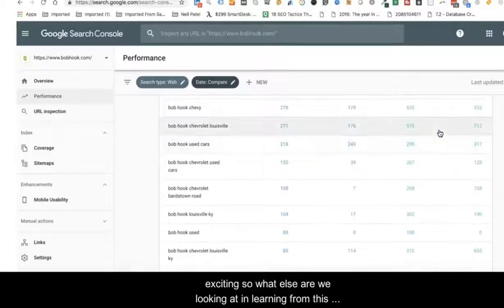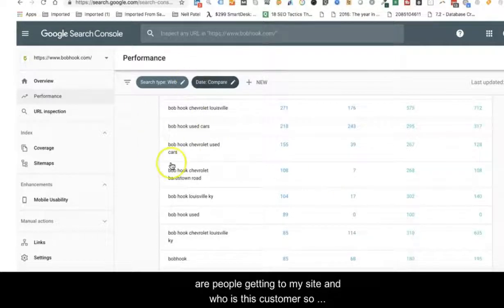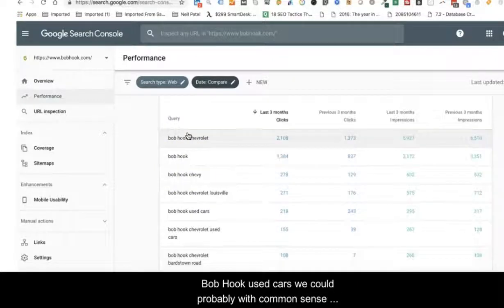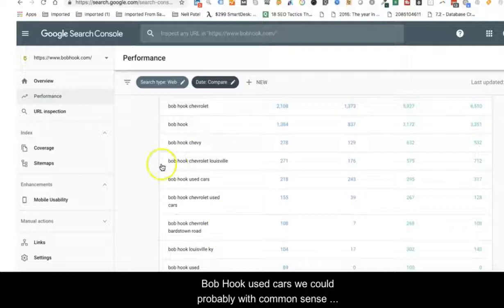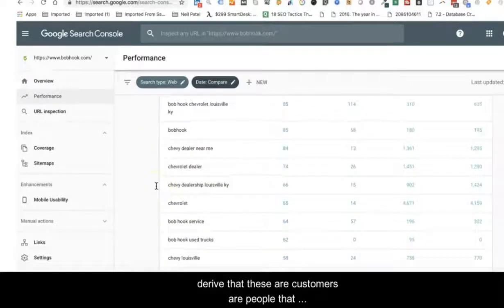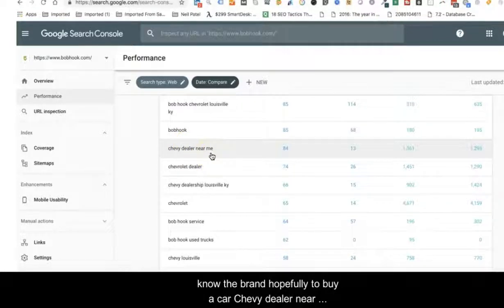So what else are we looking at and learning from? This is where you can sincerely dig in and say, holy crap, how are people getting to my site? And who is this customer? So Bob Hook Used Cars, we could probably with common sense derive that these are people that obviously know the brand, hopefully to buy a car. Chevy dealer near me. This to me is gold.